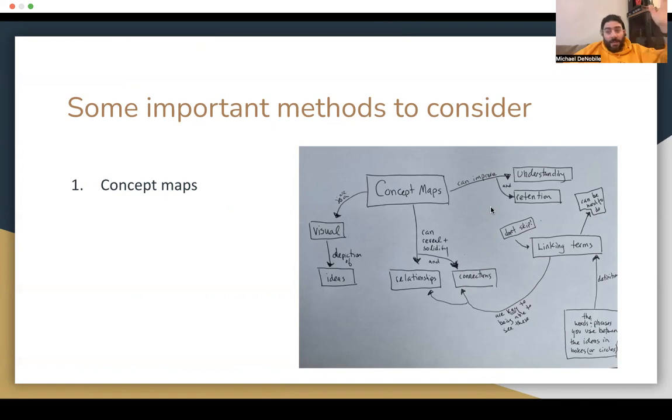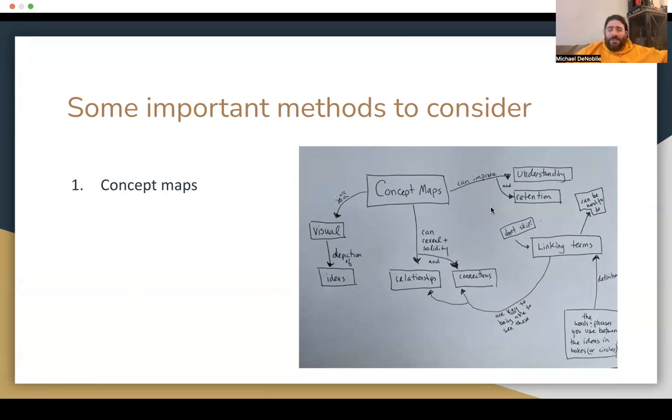Oftentimes they think that A exists mutually exclusive from B and not understand that there is a cause and effect relationship. Oftentimes it has to do with the fact that that discussion is more abstract than it is concrete.